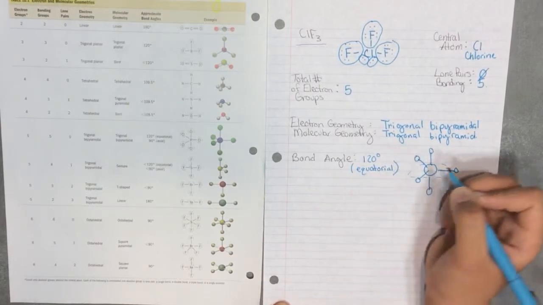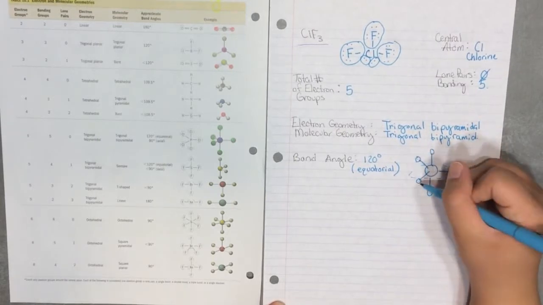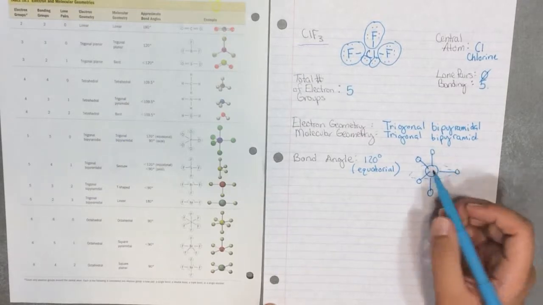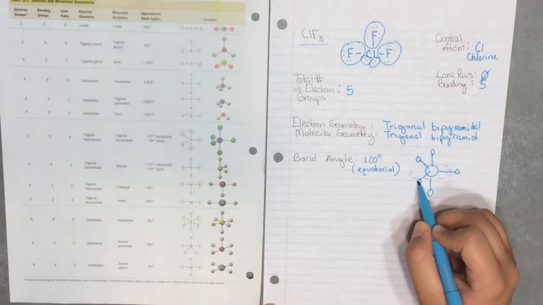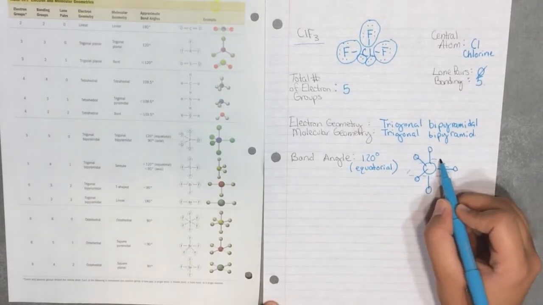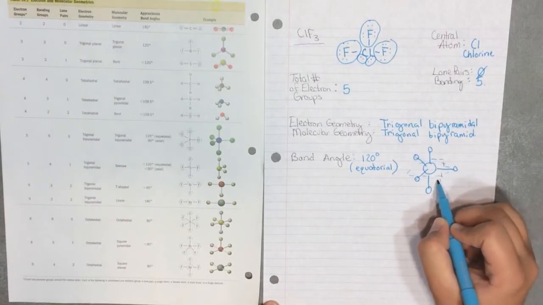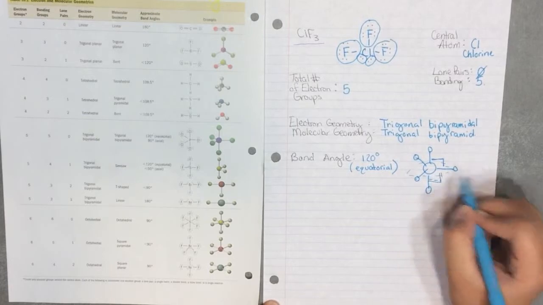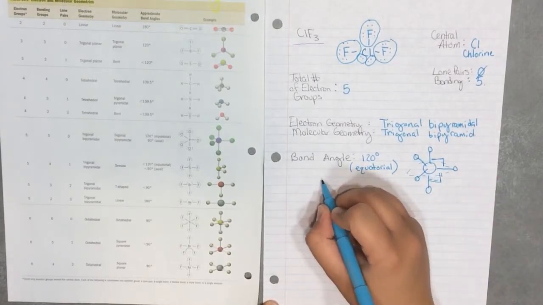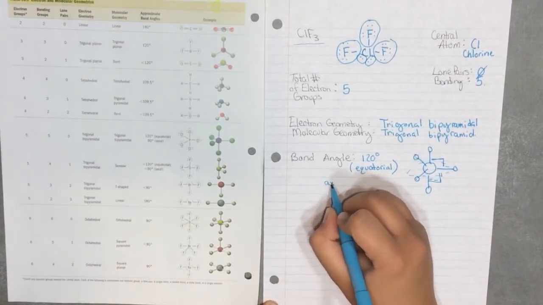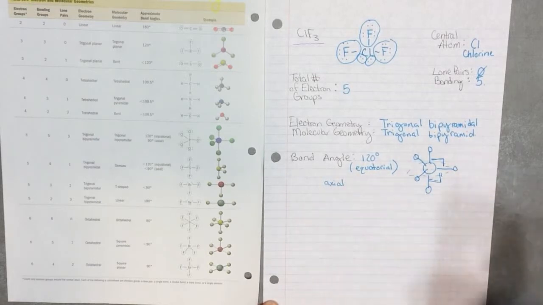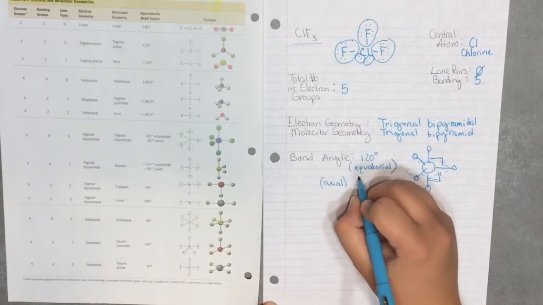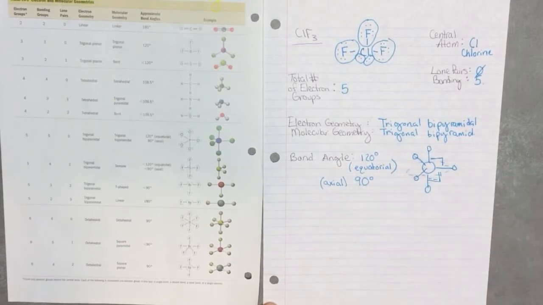However, for those that are not on the same plane, the bond angles are going to be slightly different. These are the equatorial ones, and right here you can see the 90-degree bond angles. So, for the axial bonds, the bond angle will be 90 degrees.